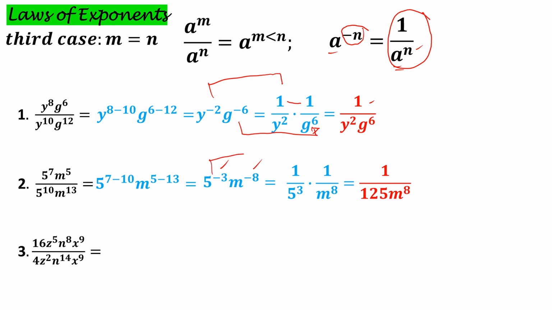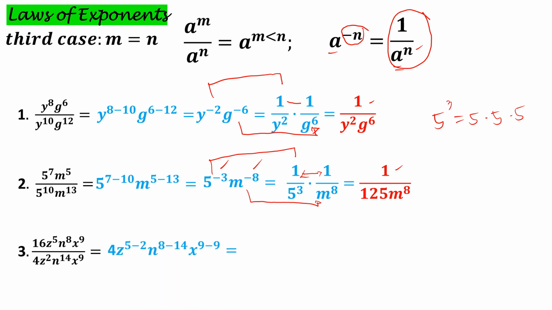Thus, this will correspond to this fraction, and the m to the negative 8 will correspond to 1 over m to the 8. Applying the law of multiplication of fractions, we simply multiply 1 times 1, and then 5 cubed is equivalent to 125 because 5 cubed is equal to 5 times 5 times 5. So 125 m to the 8. So that's the final answer.